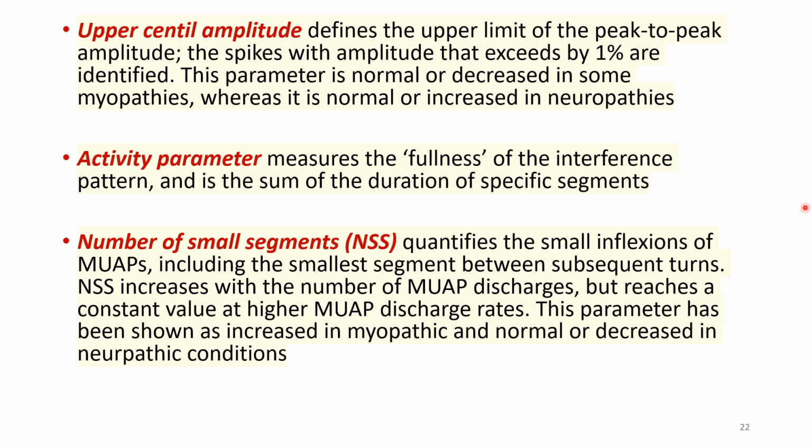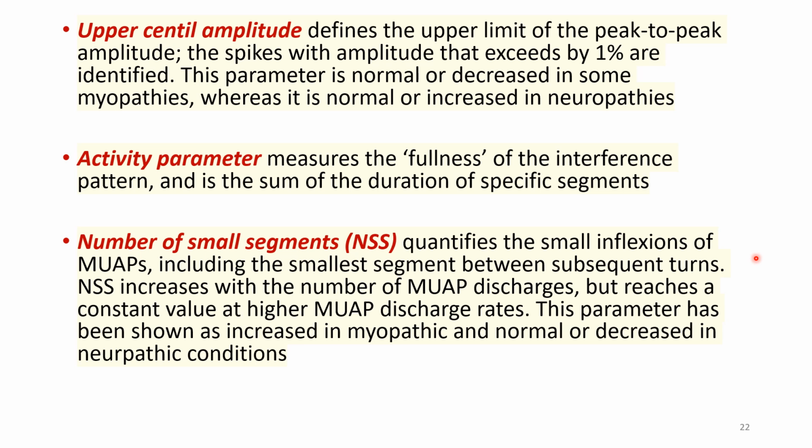Now coming to the next thing, the activity parameter. It measures the fullness of the interference pattern and is the sum of the duration of specific segments. So the activity parameter measures how full the interference pattern is. Next, coming to the NSS, that is the number of small segments. The number of small segments quantifies the small inflections of the motor unit action potentials, including the smallest segment between subsequent turns. So what is the smallest segment between the turns?